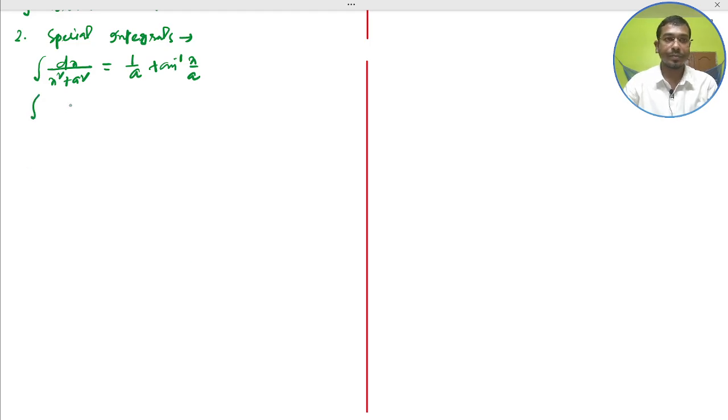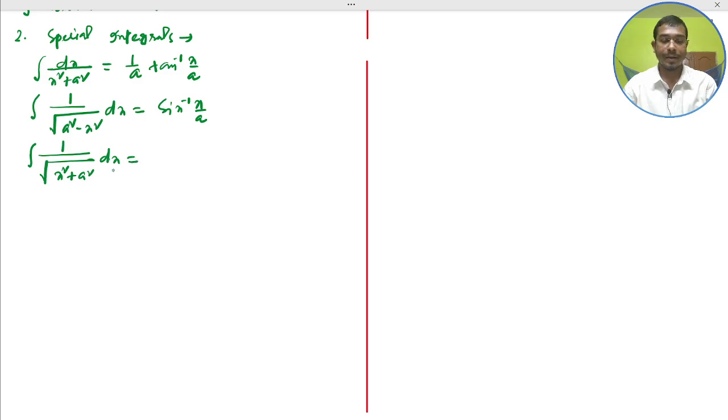Integration 1 by root over a square minus x square dx. That would be what? Sin inverse x by a. Next, integration 1 by root over x square plus a square dx. That would be what?